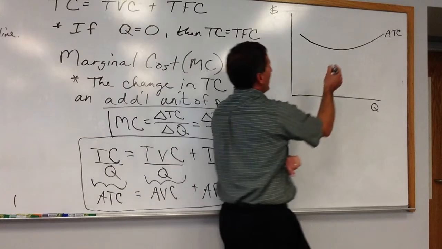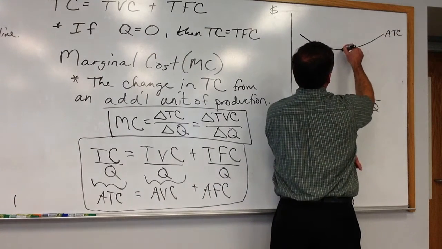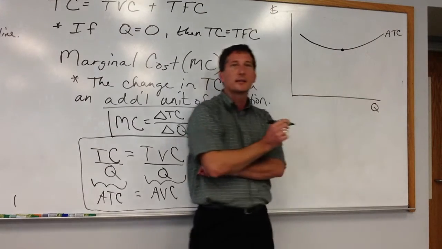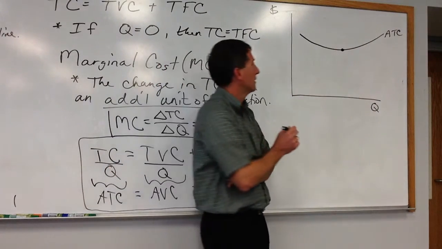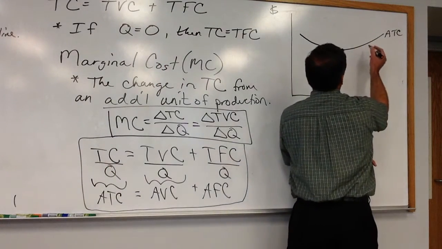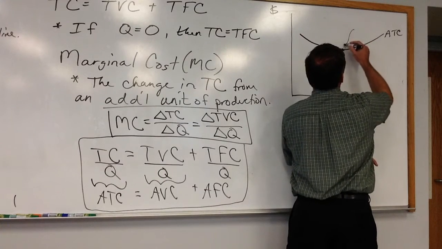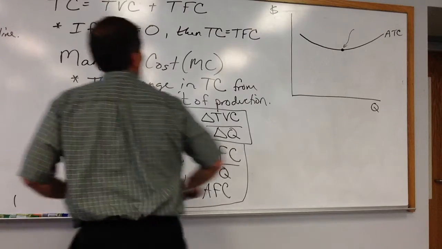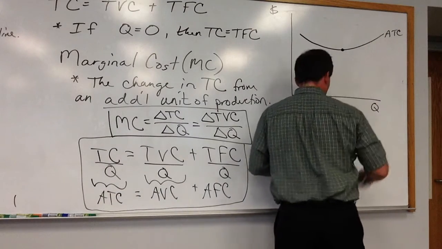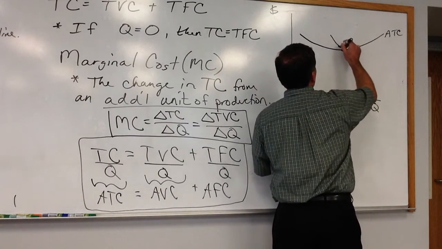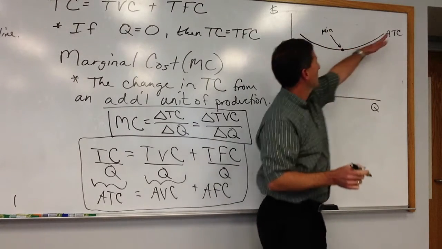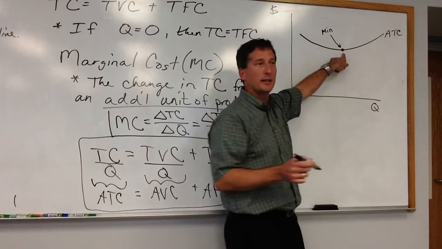And I want you to put a big fat dot at the minimum point of that curve. So where it gets its lowest point ends up being a critical point. And that probably makes sense even now if we think about minimizing our average cost. Average cost is minimized right there.